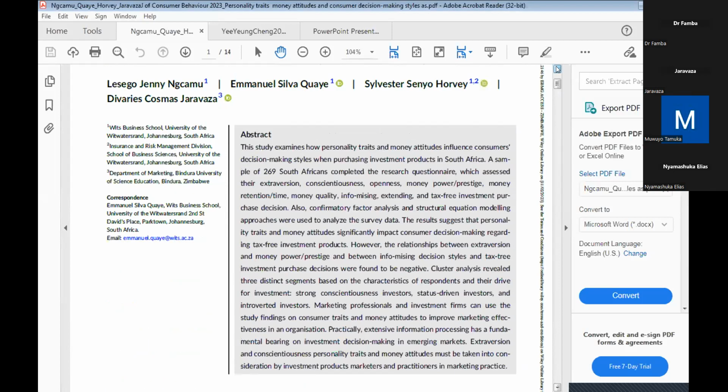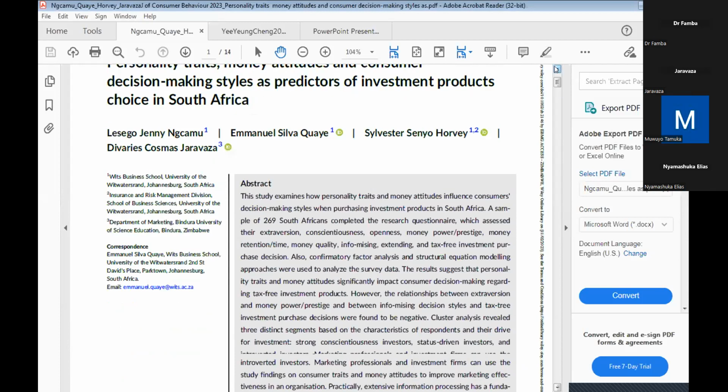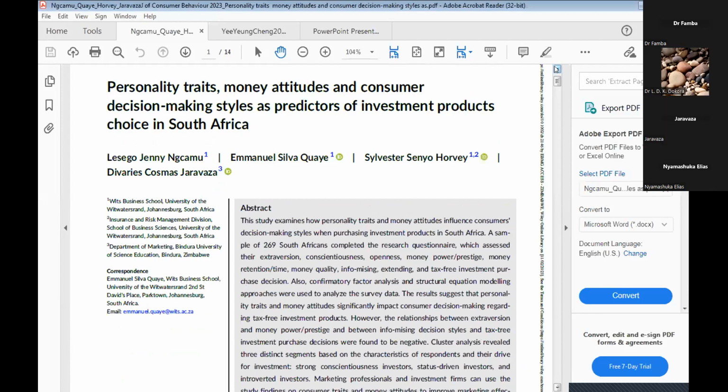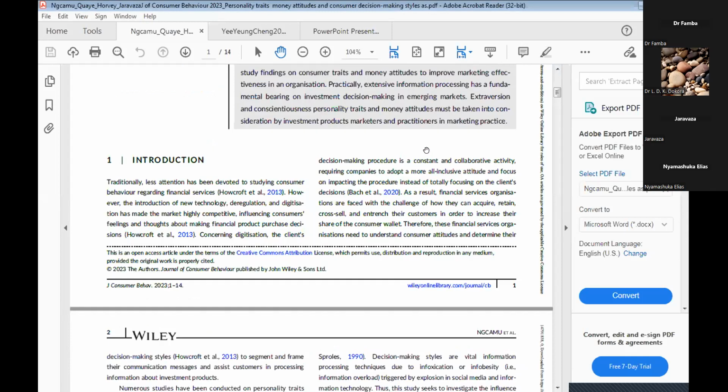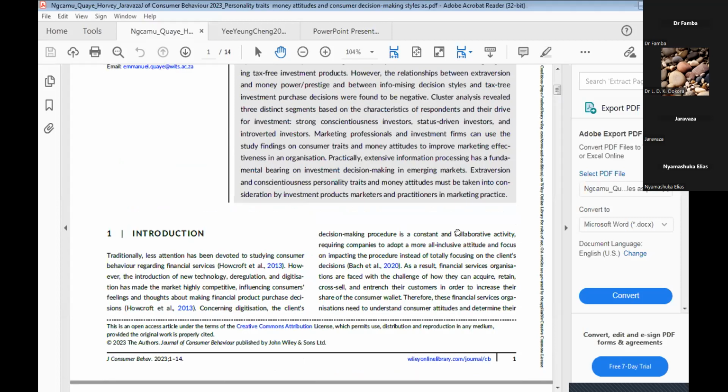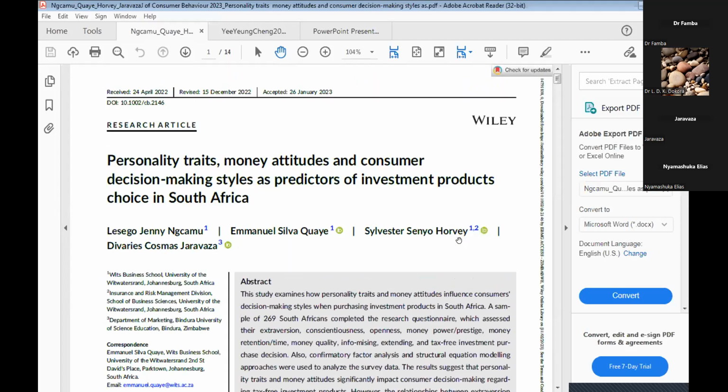The title, here's the title: Personality Traits, Money Attitudes, and Consumer Decision-Making Styles as Predictors of Investment Products Choice in South Africa.